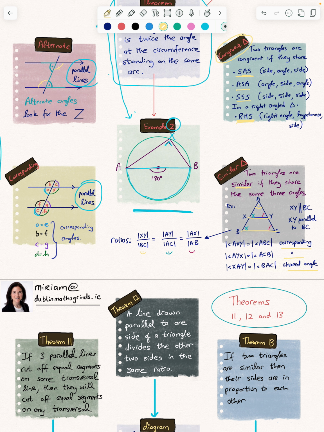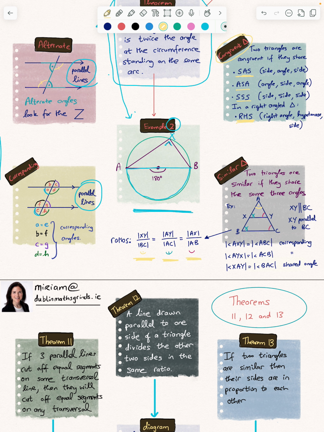Now, if you have similar triangles, I would immediately write down the three ratios that gives you that are equal to each other. Opposite the yellow angle, the little dot there, and I label it as such, I'd write the two sides that are opposite it, XY and BC. For the green dash, the two sides opposite are AY and AC, and opposite the red angle is AX and AB.